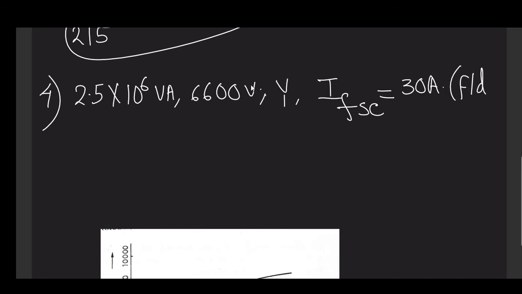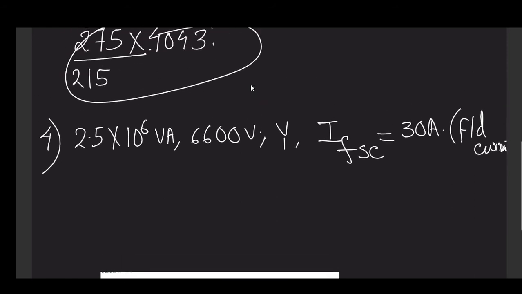This is the field current. Armature resistance R is equal to 0.5 ohm. Then the leakage reactance per phase is 3.4 ohm.